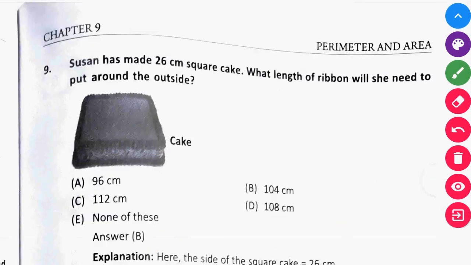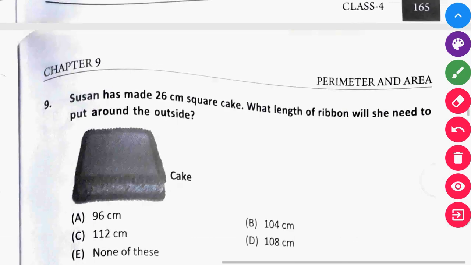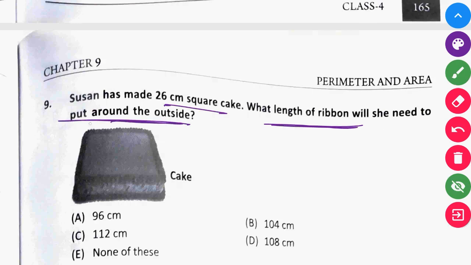Now the ninth one. Suhan has made a 26 centimeter square cake. What is the length of ribbon she needs if she puts it around the outside? The length of this cake is 26 centimeter and she has to put the ribbon like this outside.